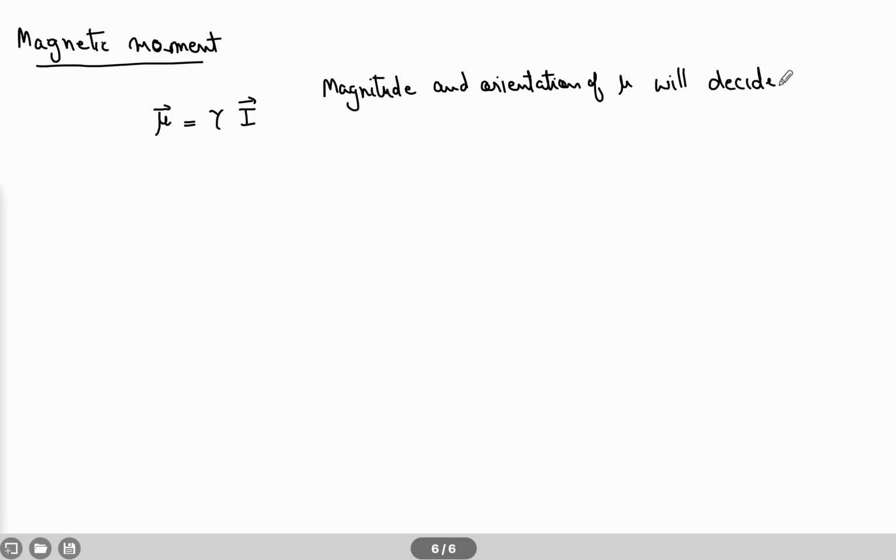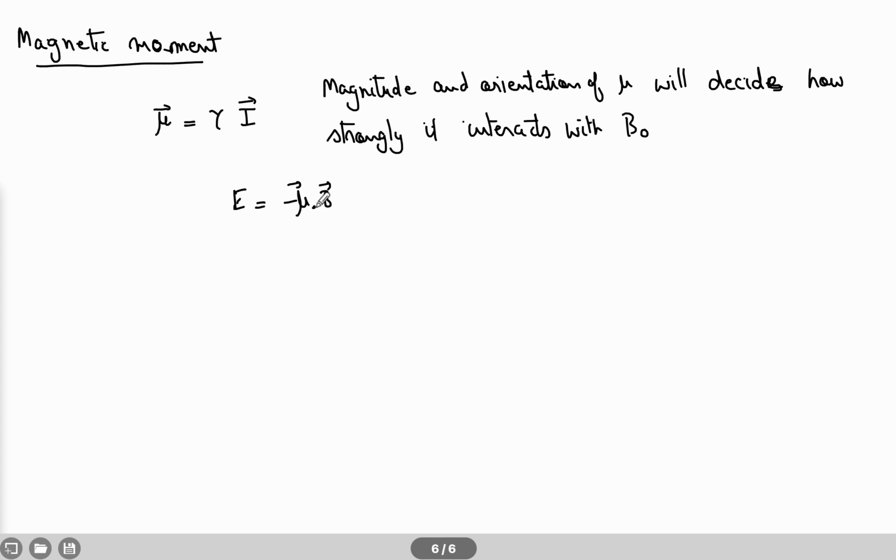The magnitude and orientation of mu decide how strongly it interacts with B0, the applied magnetic field. This is because the energy E is equal to negative mu dot B0.